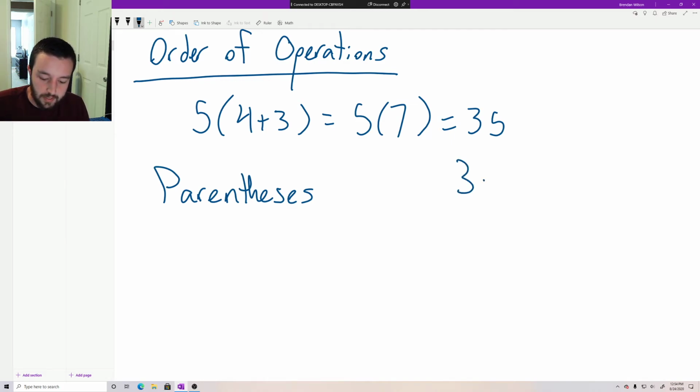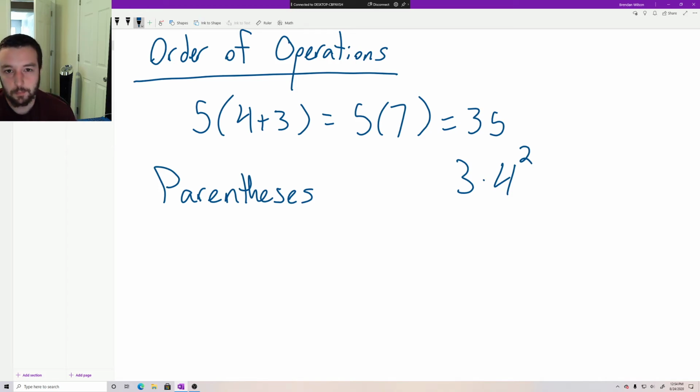Now what if we have 3 times 4 squared? So we have two things going on here: multiplication and an exponent. Should we do the exponent first or the multiplication first?